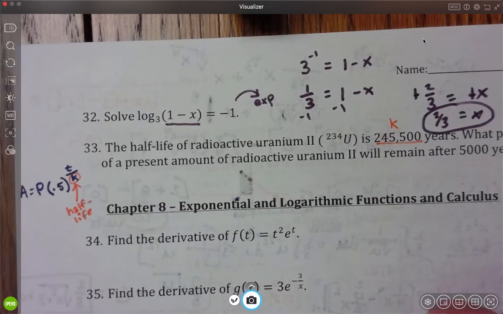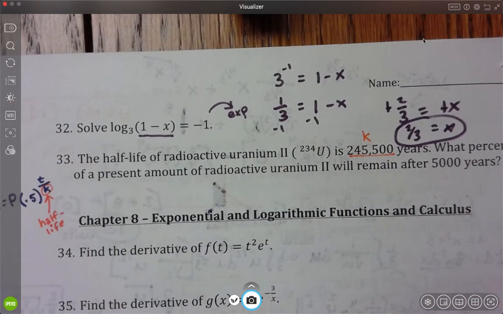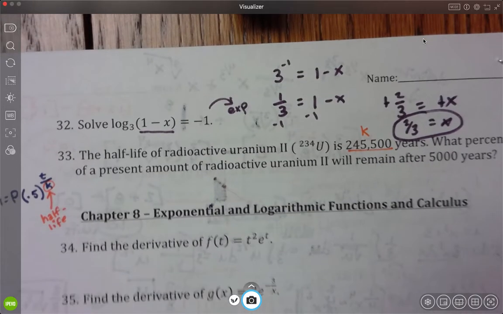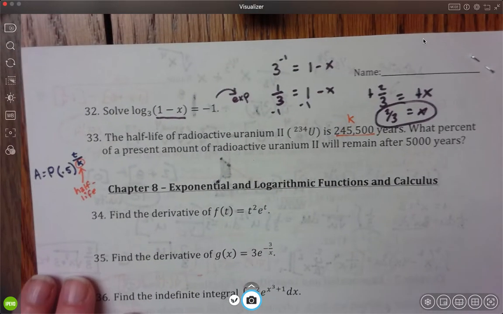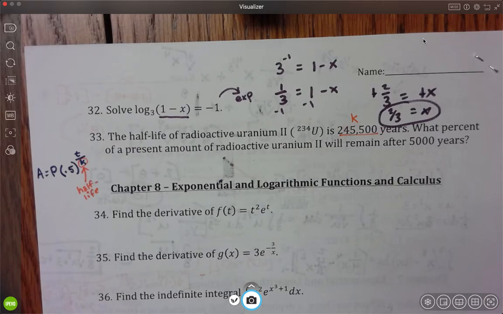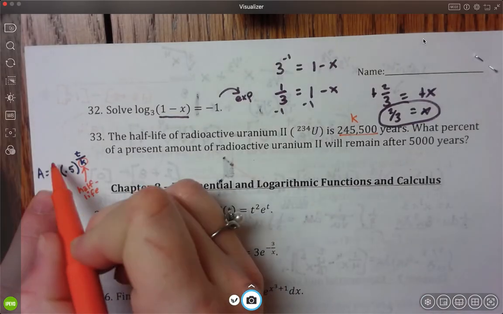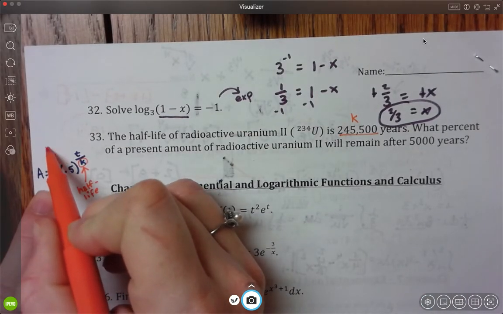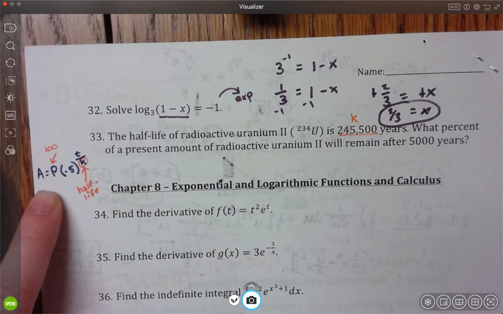What percent of a present amount of radioactive uranium will remain after 500 years? Okay, so they tell me what percent, which is kind of a weird way of asking for this. So let's do this. They don't give me a principal amount, but what I'm going to do is plug in 100 for this, okay? And then plug in all my other values.